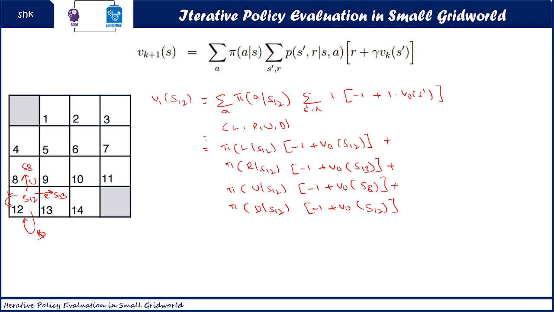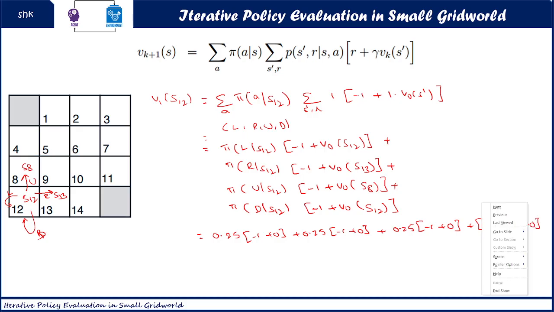As we know, the probability of each action from the state is 0.25 and the initial value V naught for any state is equivalent to 0. Substituting that, you get 0.25 into minus 1 plus 0, plus 0.25 into minus 1 plus 0, plus 0.25 into minus 1 plus 0, plus 0.25 into minus 1 plus 0.